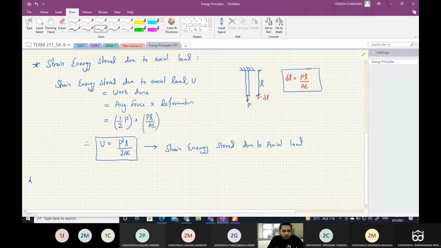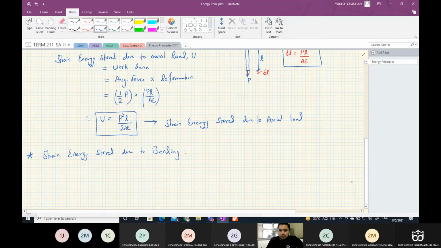Now let us find the strain energy stored due to bending. So for that, let us consider a beam simply supported at its end, having uniform cross section throughout.